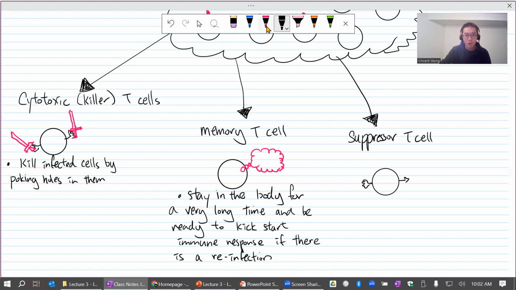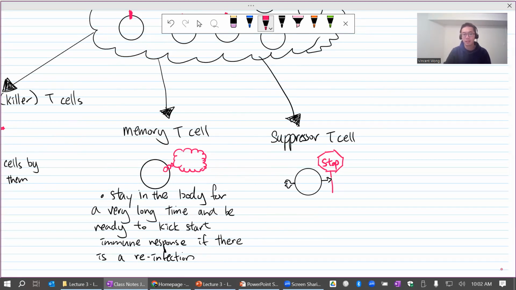When this is all over, when the infection is clear, you have to tell these things to stop. That's what a suppressor T cell will do. Once you clear the infection, once all the red bacteria are gone, you want to stop the cells from dividing. You want to stop the clonal expansion. Otherwise, you have uncontrolled cell division, which can lead to things like blood cancer.